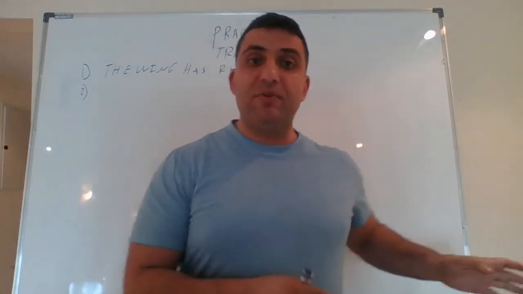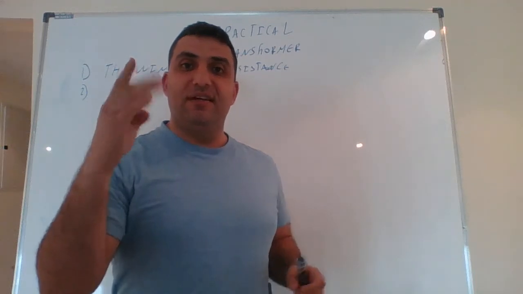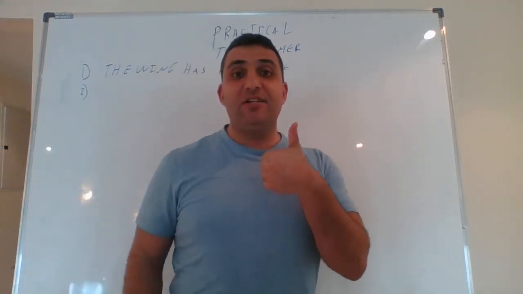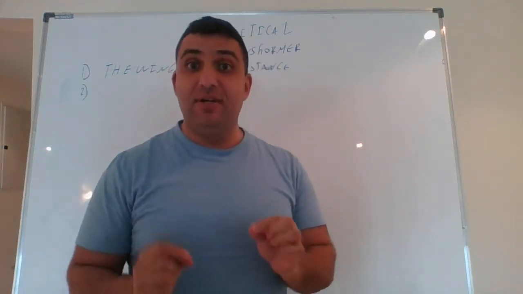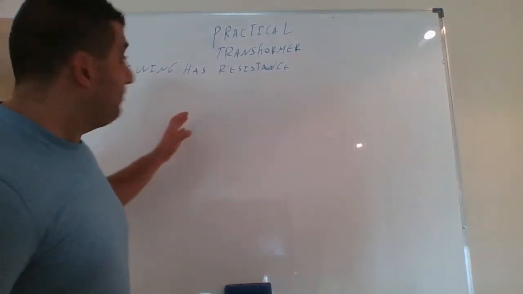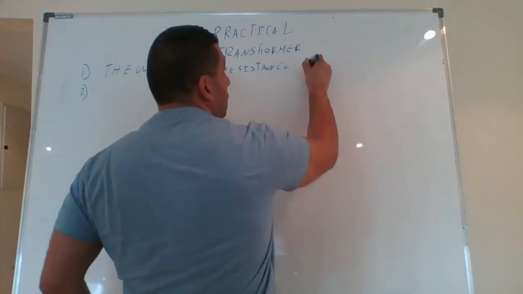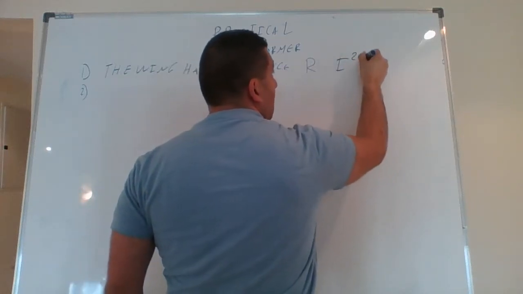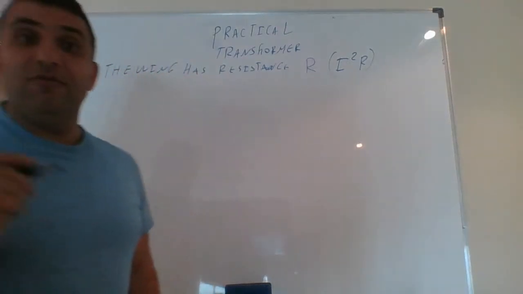If you remember from the previous lecture, we defined 4 points that set the boundary of an ideal transformer. Point number 1, an ideal transformer has no resistance inside the winding. R is 0. In a practical transformer, the winding has a resistance R, which means now I squared R losses exist.